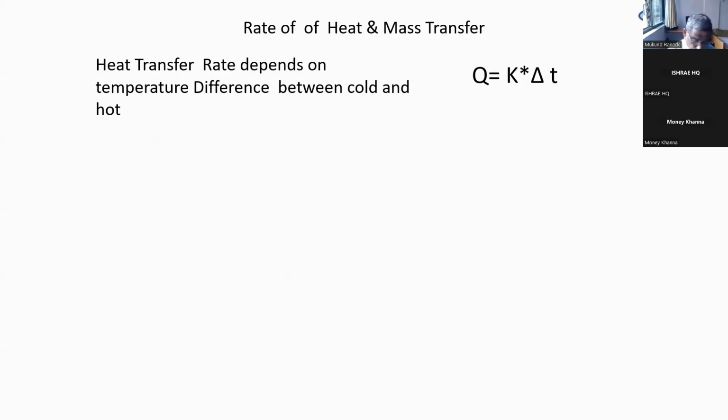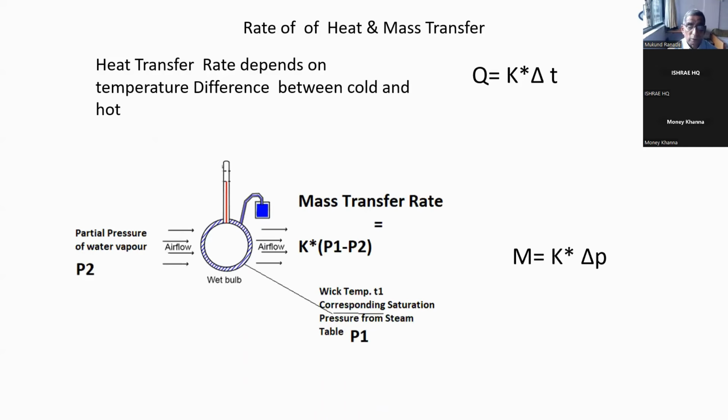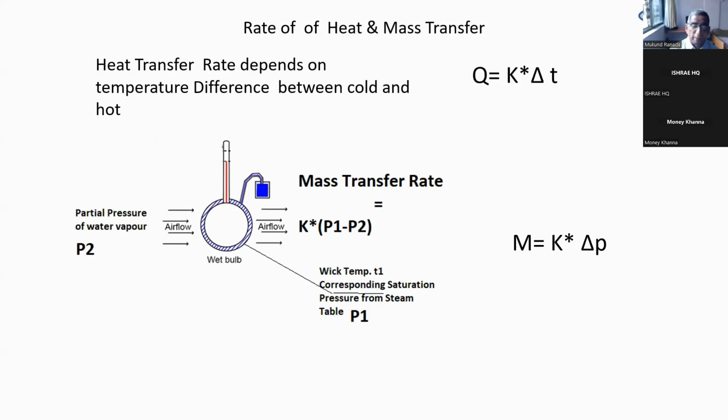But for mass transfer, what happens? Let us understand. Let us have this same wet bulb thermometer. The air is coming at partial pressure of water vapor P2, and the saturation pressure of water which is there in the wick at that instant, if we see with respect to steam table, is P1. Like heat transfer depends on delta T, the mass transfer depends on P1 minus P2.